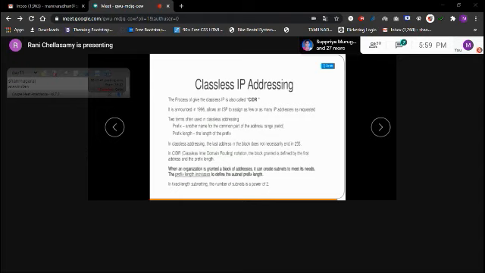To separate the network and the host, we require a process called subnet masking. The subnet masking process was developed to identify and extract the network part of the address.